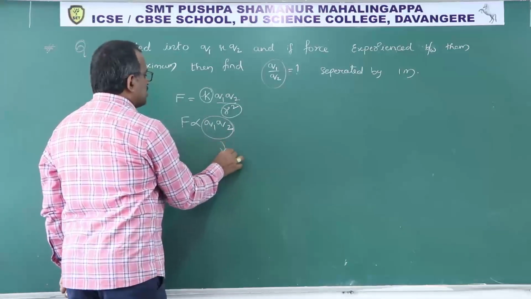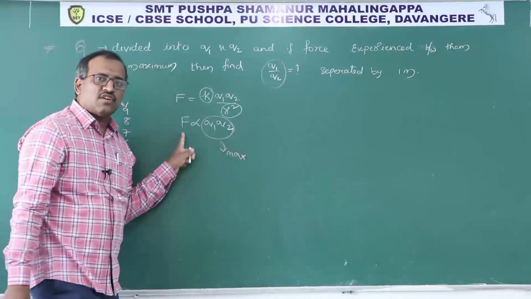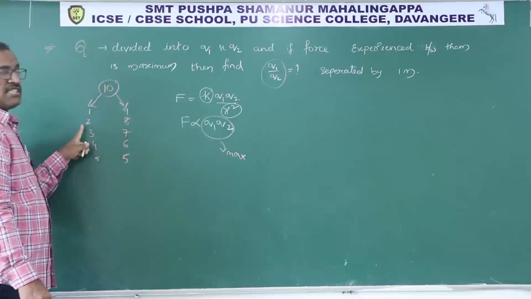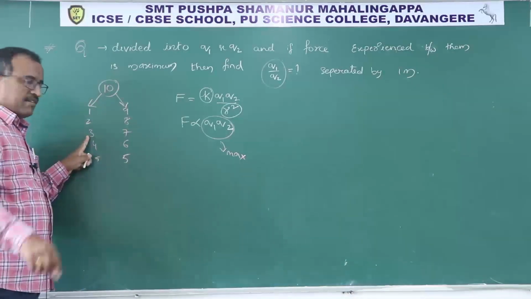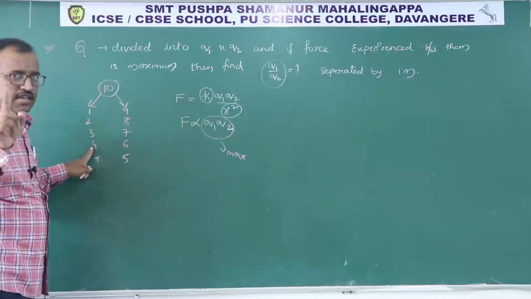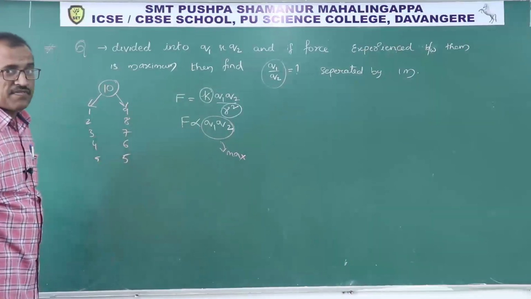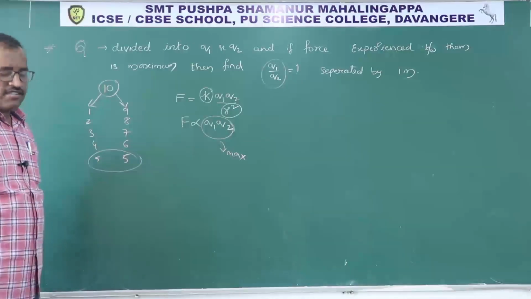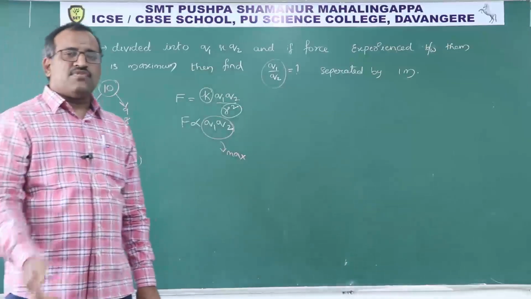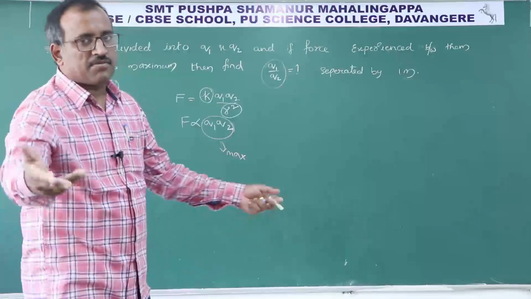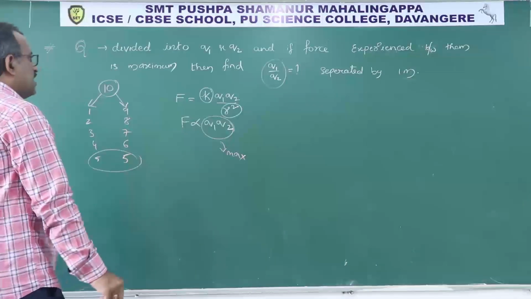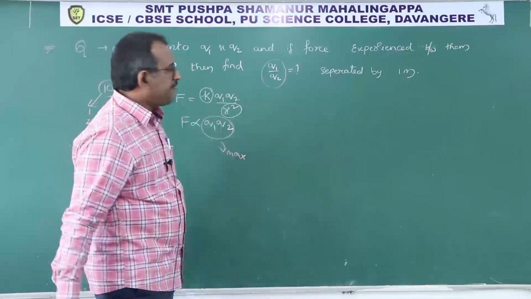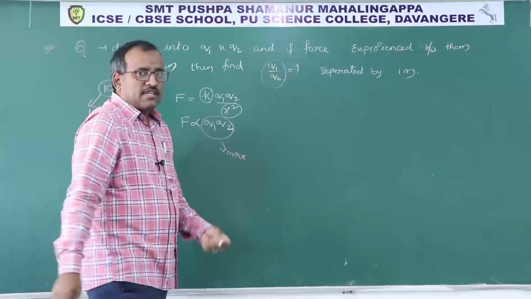If the product is maximum, obviously force is also maximum. 9 ones are 9, 8 twos are 16, 21, 24, yes, 5 fives are 25. That's all. So this is maximum. So the shopkeeper will say immediately, sir, if you divide equally, then the product is maximum. Then the answer will be Q1 to Q2 is 1:1 because equally divided. But physics, let us solve.